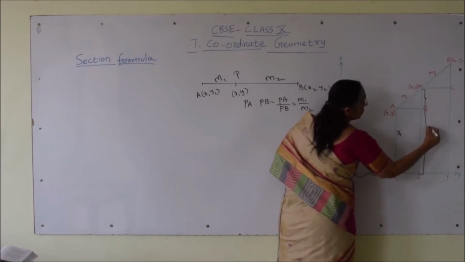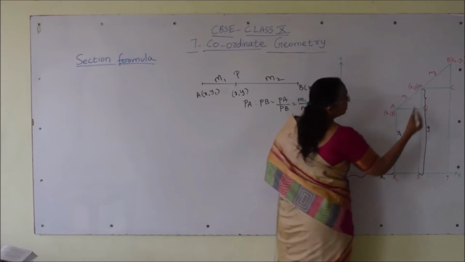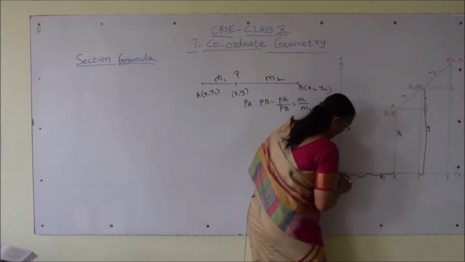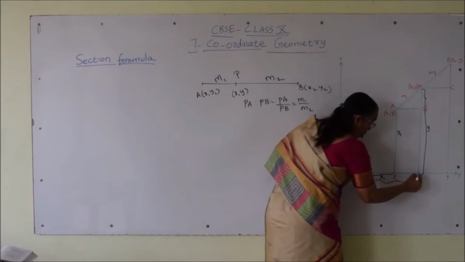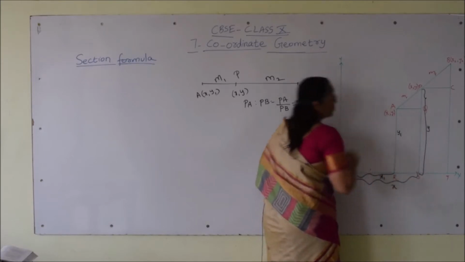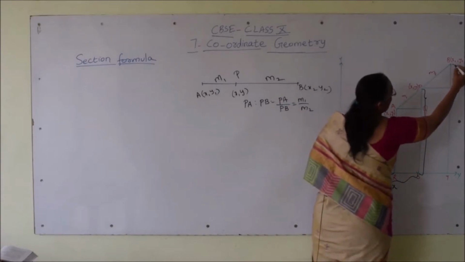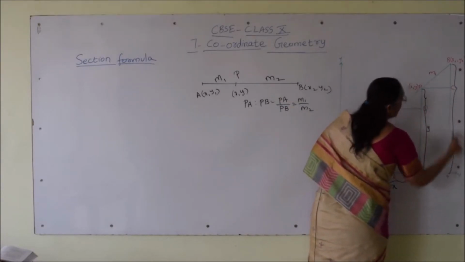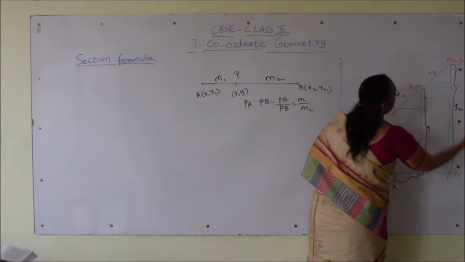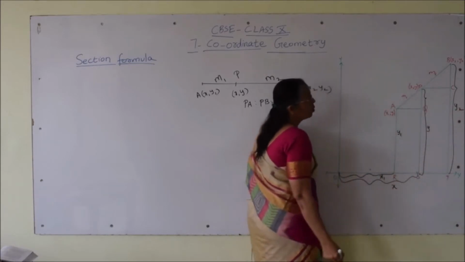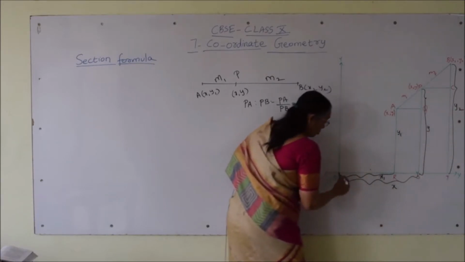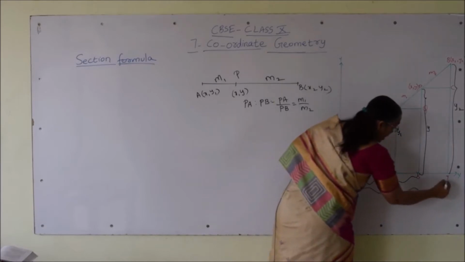PS distance is y, and we can have here OS distance is x. Now, coming to the next one, here the complete BT distance is y2, the length of BT is y2, and from O to T is x2.